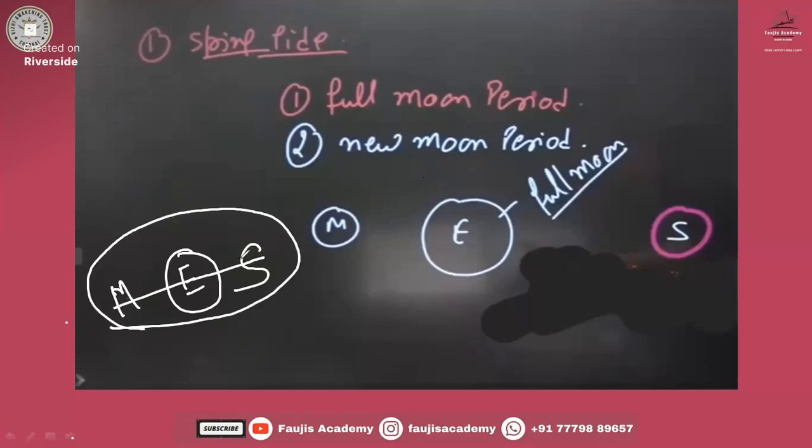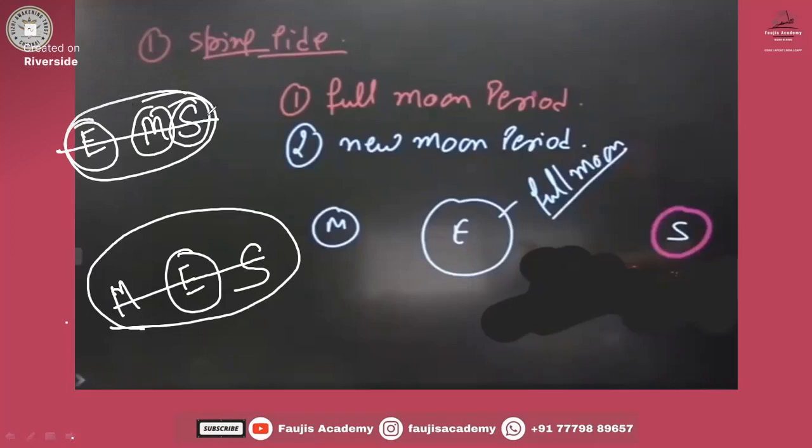And if the earth is at one corner, and in the middle we have the moon and sun, all three in a straight line, then that period is known as the new moon. So spring tide occurs on both the full moon and the new moon periods.